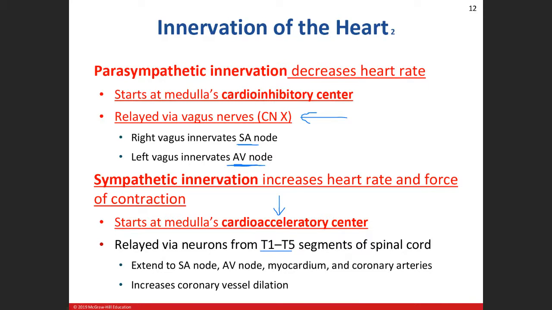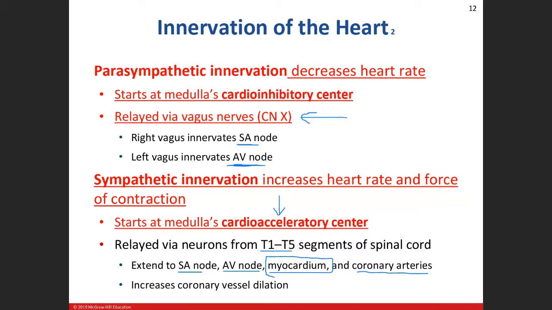T1 through T5, neurons that come off of the spinal nerves, T1, T2, T3, T4, and T5. These neurons are going to influence the SA node, the AV node, your cardiac muscle, the myocardium, and also coronary arteries.